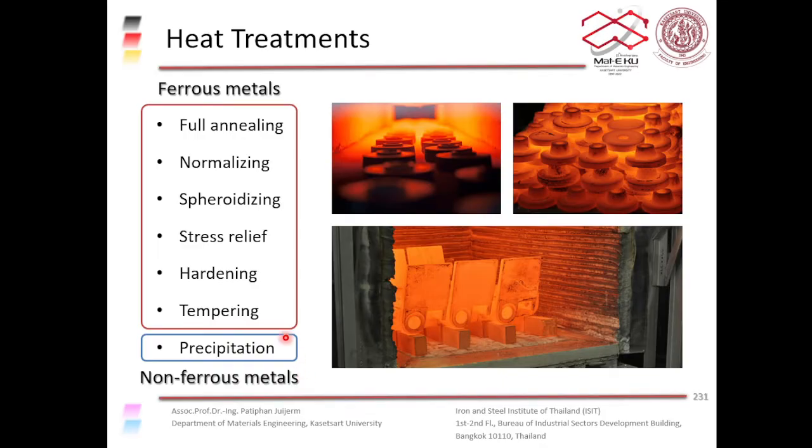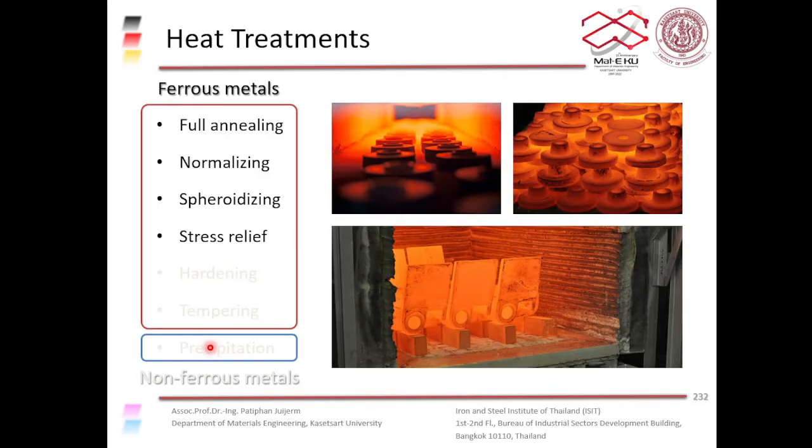Some of these processes are specific to non-ferrous, and some of these processes are generally applicable to all types of metals. We'll look at all these processes today and next week. So the lecture note that you've just downloaded is the lecture note that we're going to use this week and next week, and then after that we'll have another set of handout to give to you as well.